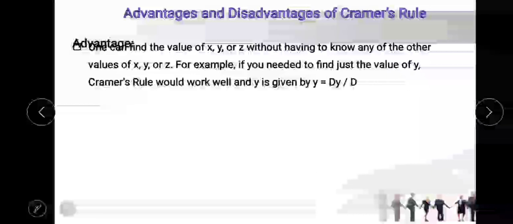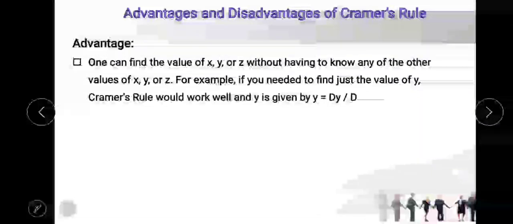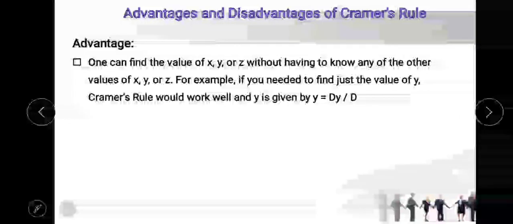Now what are the advantages and disadvantages of Cramer's rule? According to me, the advantage is that we can find the value of x, y, z without having to know any of the other values. For example, if I want to find the value of y, just use the formula y is equal to dy by d, and you will get the value of y. No need to get the values of x and z for finding y.